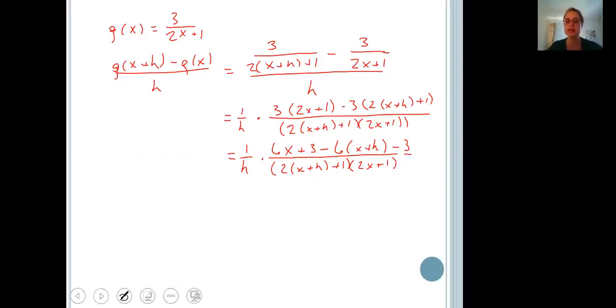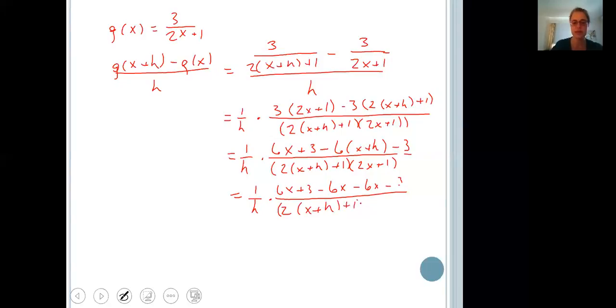Ugly. Let's distribute that negative 6 through. Something might be happening that's going to make life a little simpler. So we've got 1 over h times 6x plus 3 minus 6x minus 6h minus 3, all over 2 times x plus h plus 1 times 2x plus 1.